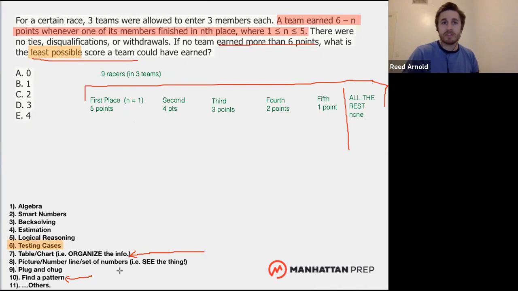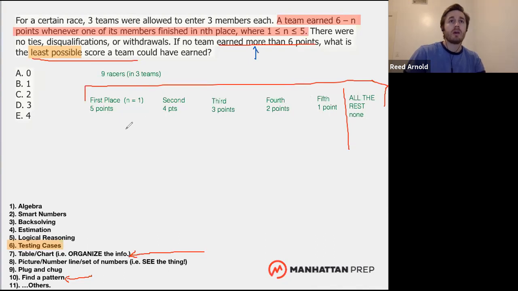Testing cases is really about what is possible under constraints. And so now I'm considering what cases could be the case in this situation, where the constraint is these are the points and no team earned more than 6 points.